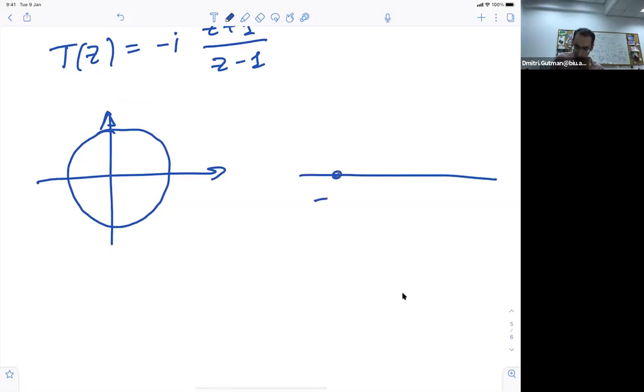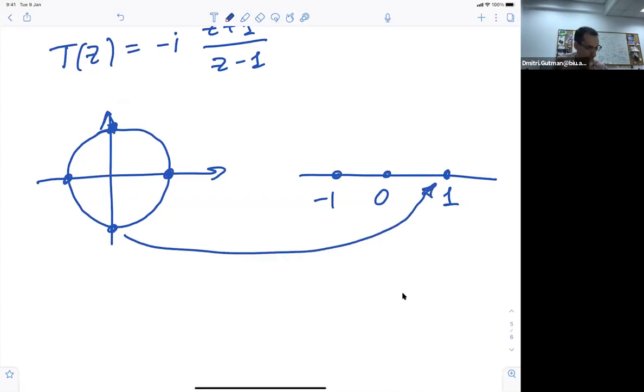So if I denote here the points minus 1, 0, and 1, the point minus I will be sent to 1. The point I will be sent to minus 1.